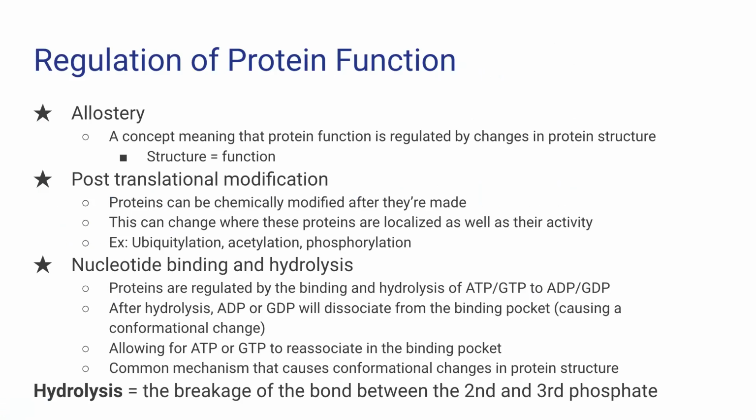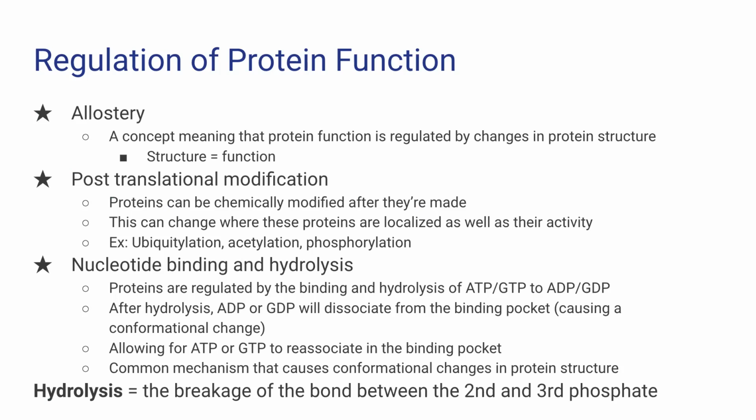Allostery is the concept of how protein function is regulated by the structure of the protein. Then post-translational modifications: the chemical modification of proteins after they've been translated and made and exist. Some examples are ubiquitin tags, acylation, and the adding of phosphate groups, phosphorylation.